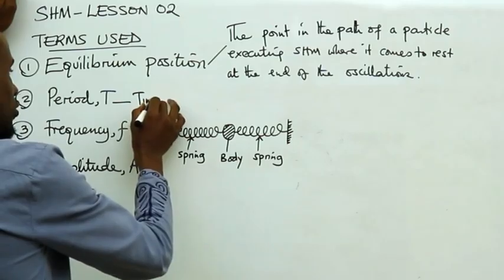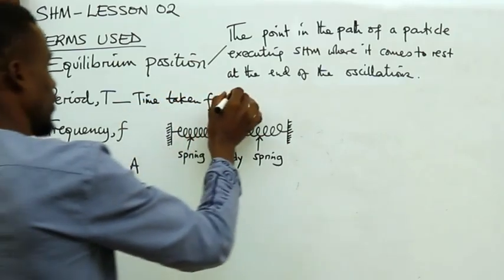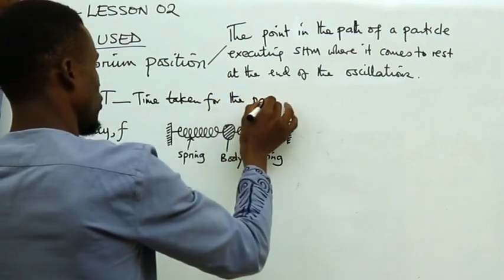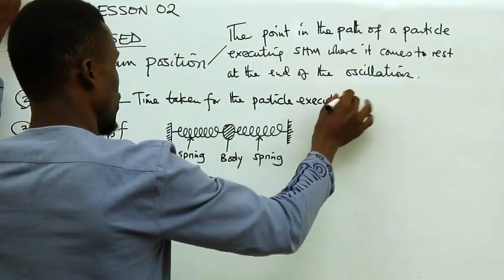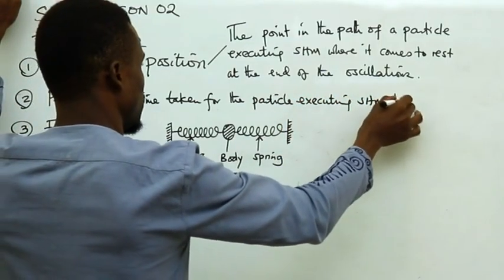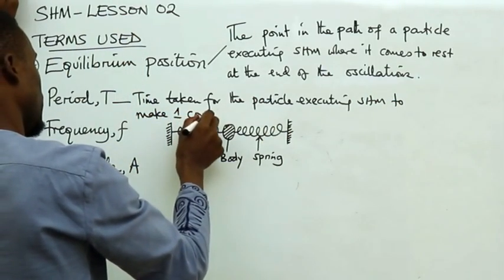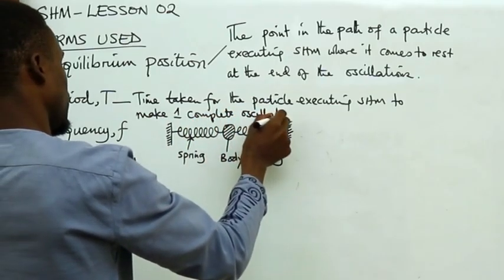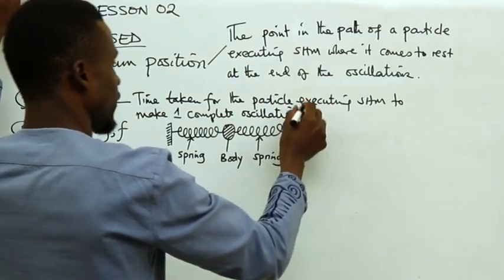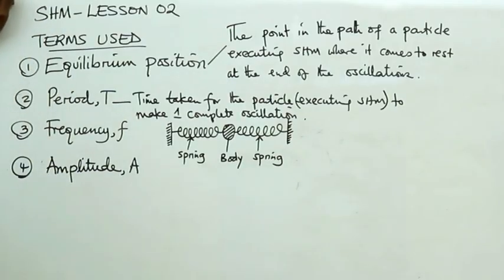Time taken for the particle executing simple harmonic motion to make one complete oscillation. You may leave this out, of course. Time taken for the particle to make one complete oscillation.